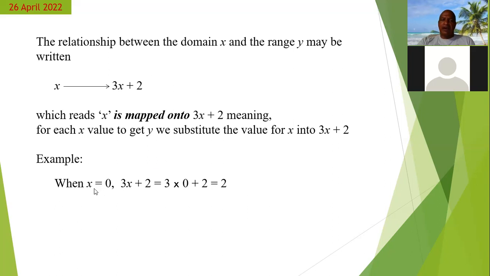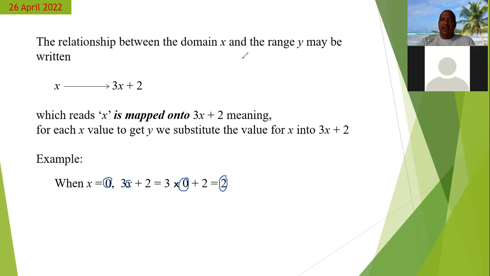For instance, if X is 0, and you're using the relationship X maps onto 3X plus 2, then X is 0 would be a domain value. So to get the value of the range, which is a Y value, you just plug the X into the equation, substitute the X value, which would be 0, and then you do your calculation. So it's 3 times 0 plus 2. So your Y value, which is a range value, would now equal 2.